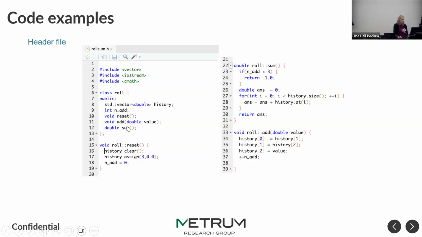First we declare a class of variables, and C++ requires that you declare the type of every variable that you use. That's what's going on in this block, top left. Below that, we have a reset function, so for every new subject in our data set, we start computing that rolling sum de novo.